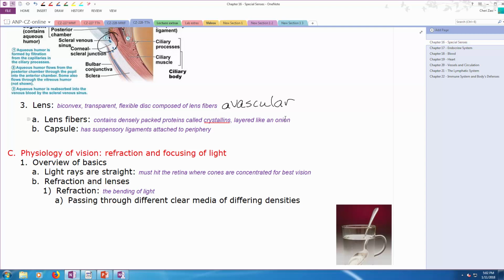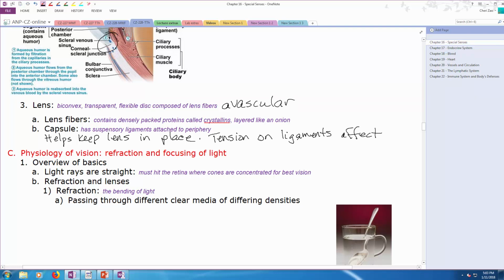So we have a capsule with the suspensory ligaments attached to the periphery, and this helps keep the lens in place. Tension on the ligaments will affect lens thickness.